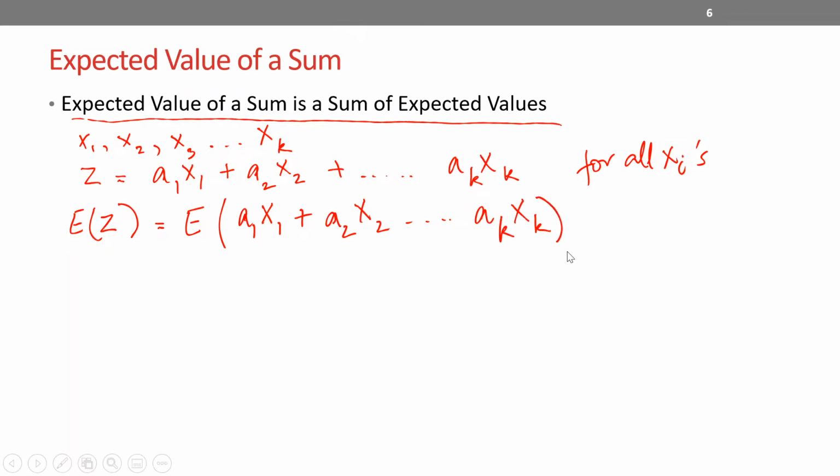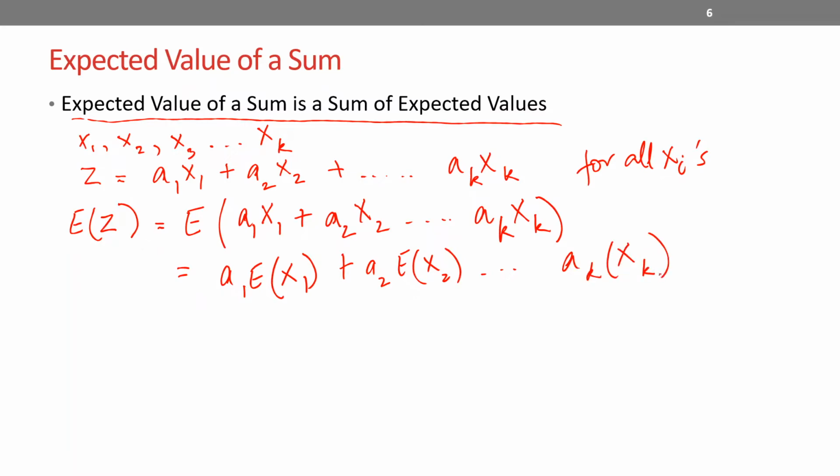Right? Now, according to the theorem that we stated in the previous slide, this must be equal to a1 times the expectation of x1 plus a2 times the expectation of x2 and so on up to ak times the expectation of xk.